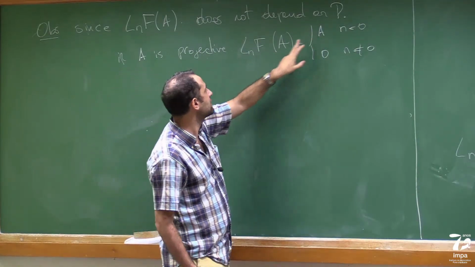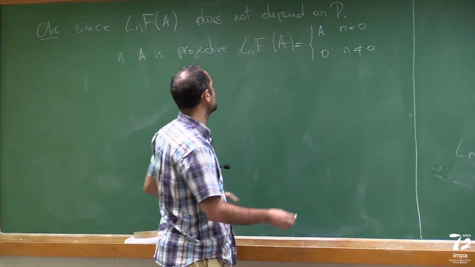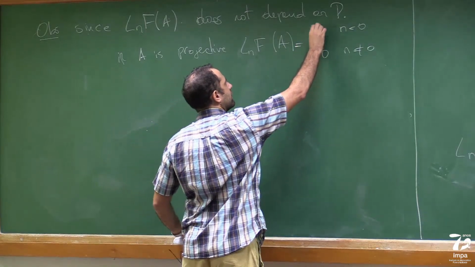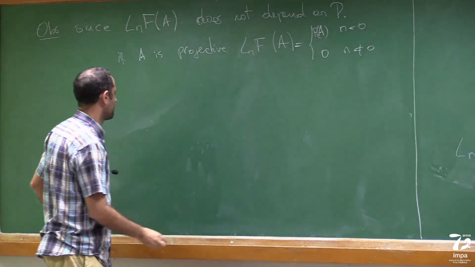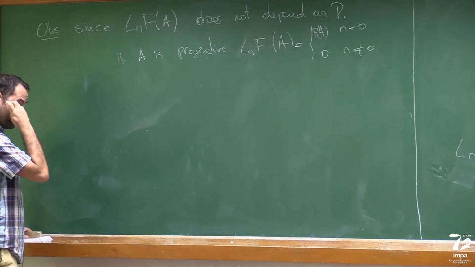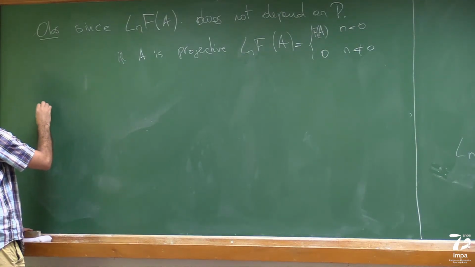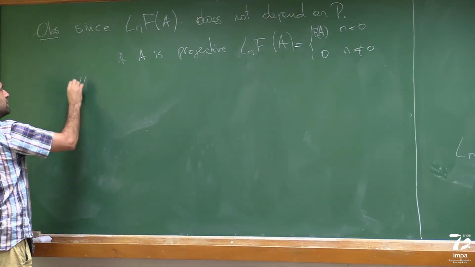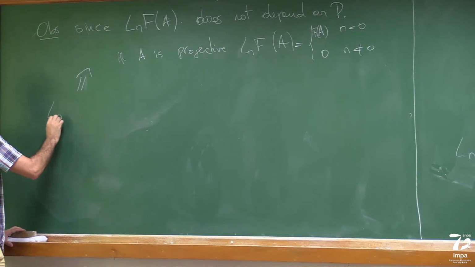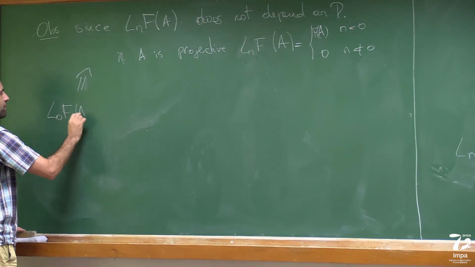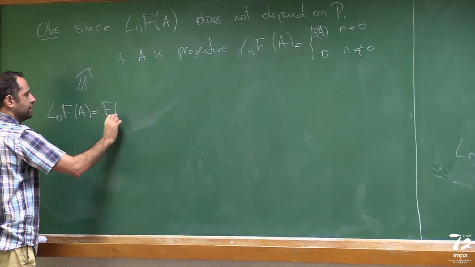But I haven't proven that L_0 F of A is F of A. So let's prove that. What is missing here is that L_0 F of A is equal to F of A.